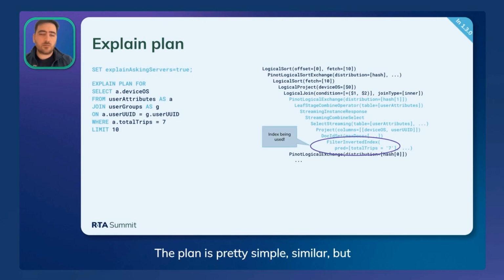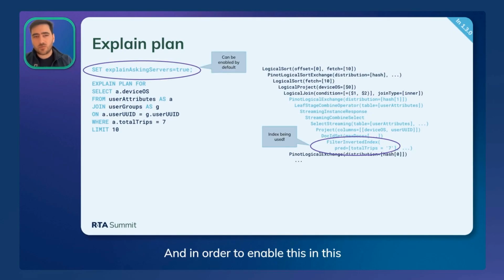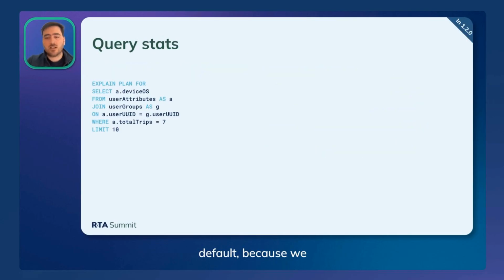The plan is pretty similar, but it includes the information we didn't have before. In this version of Pinot you need to enable it explicitly with a query option, and it can also be turned on by default if you change some configuration in Pinot. They are specified in the documentation, and probably in the next release of Pinot this feature is going to be enabled by default because we think it's very useful.